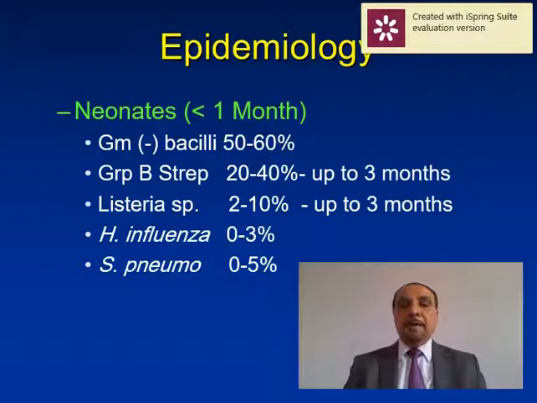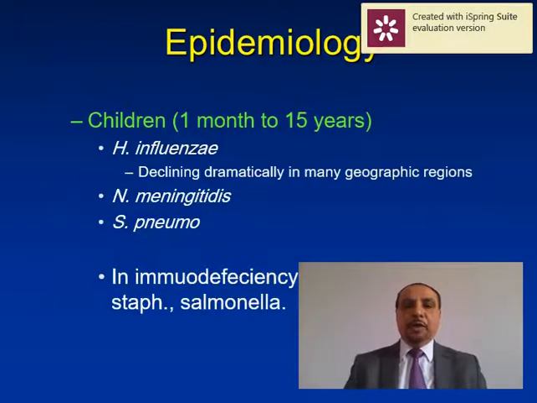Again, we will have Haemophilus influenzae and Strep pneumoniae, while in the children beyond the first month, usually we will have Haemophilus influenzae, Neisseria meningitidis, and Streptococcus pneumoniae.